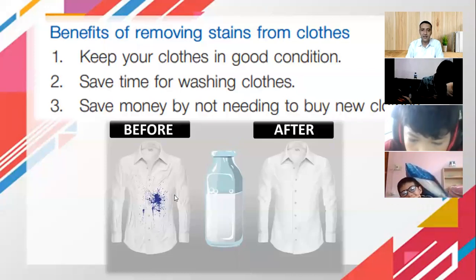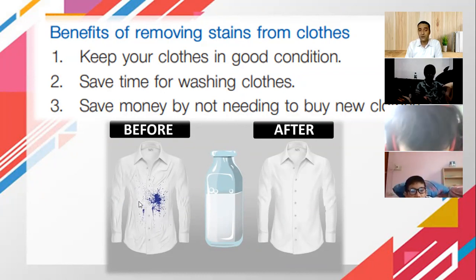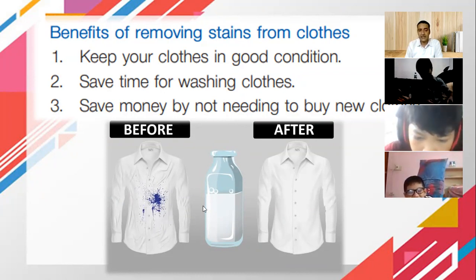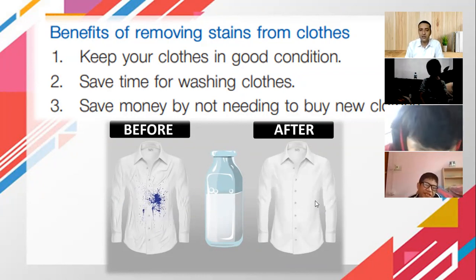Like you can see here in the picture, a shirt has an ink stain. After we clean it up, you can see how it becomes just like new. In this condition, we can use it often, so we won't need to buy many clothes very often.